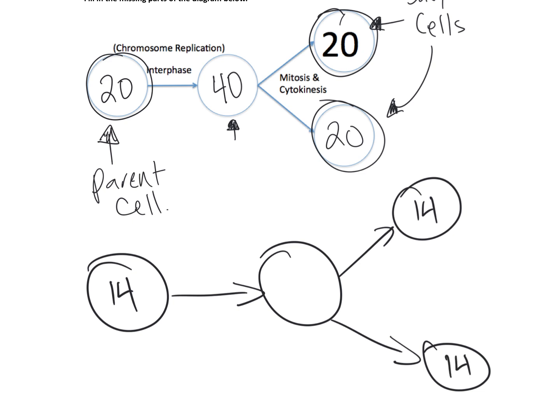And each of those would have had to have a set of chromosomes prepared for them right after interphase. So we would have had 28 chromosomes in the middle here, one set for each of this one and this one. So that's where we got the 28. Or you could have again doubled the parent cell, which is this one here.